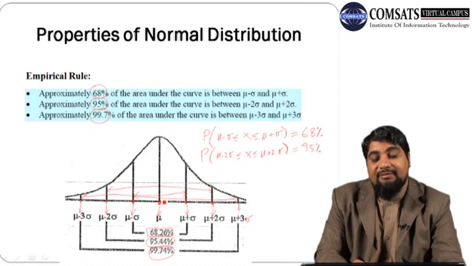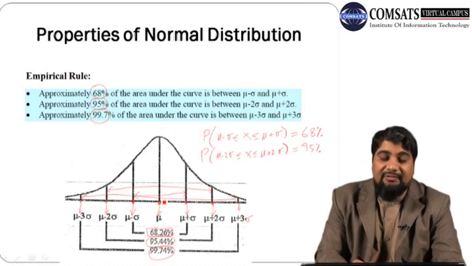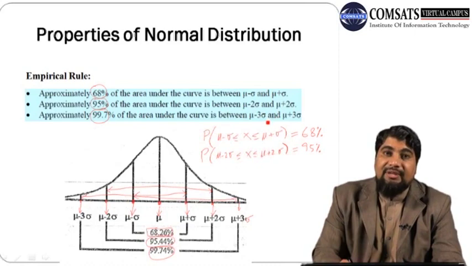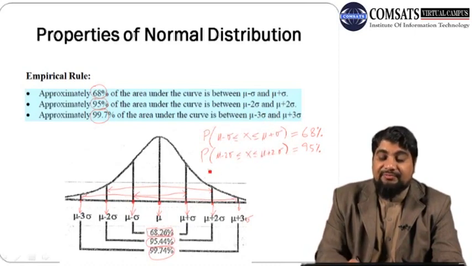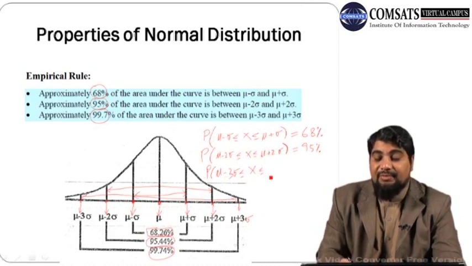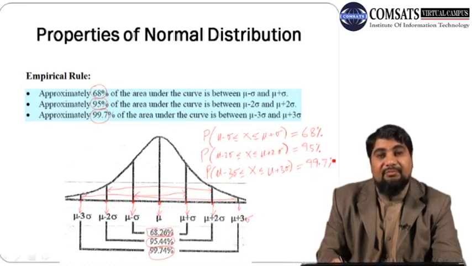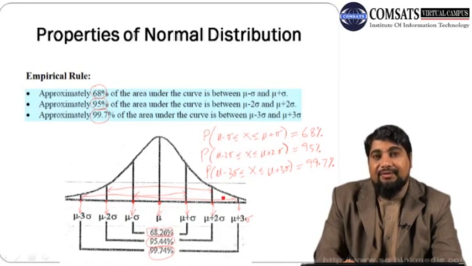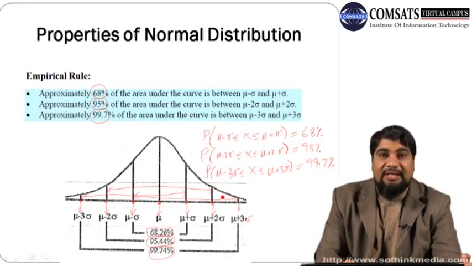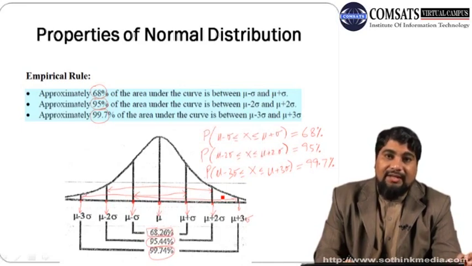So 99.7% of the area under the normal curve is between mu minus 3 sigma and mu plus 3 sigma. So we can write it as mu minus 3 sigma and mu plus 3 sigma. So this area that x lies within these two limits is 99.7%. So remember that these three rules are valid for any value of mean mu and for any value of standard deviation sigma.